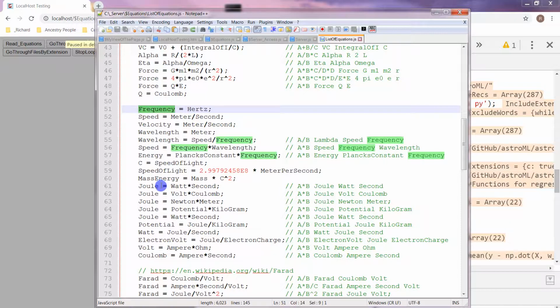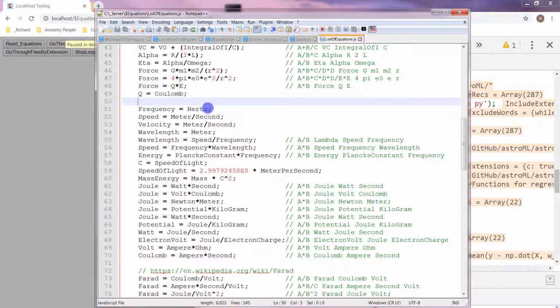And when you say frequency equals hertz, what you're saying is that it has the same units. You don't know the value. You don't care at this point. But it's a substitute or an alias for that. Speed, when you say that word, is an alias for meters per second. Velocity is an alias for meters per second.